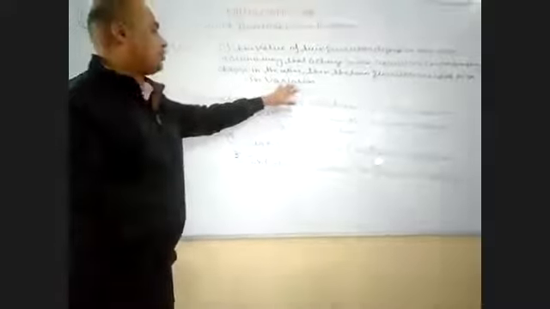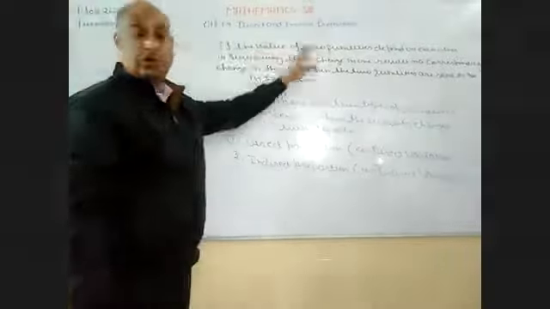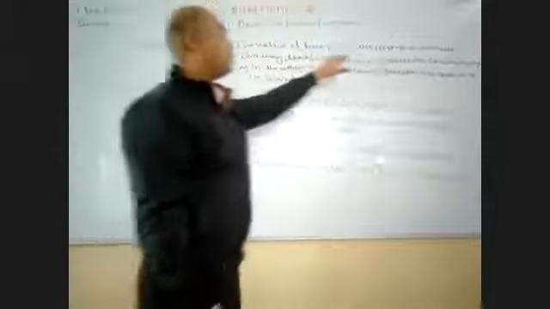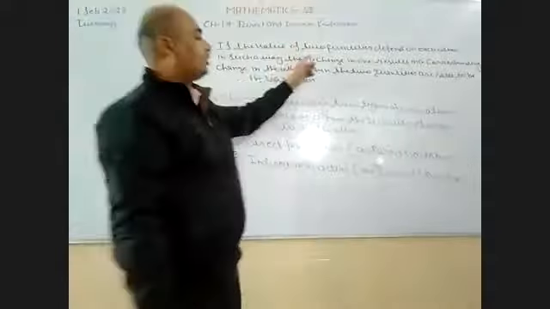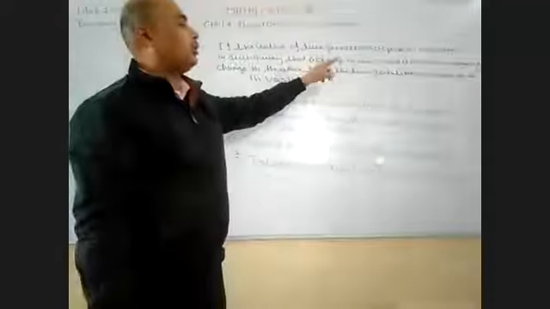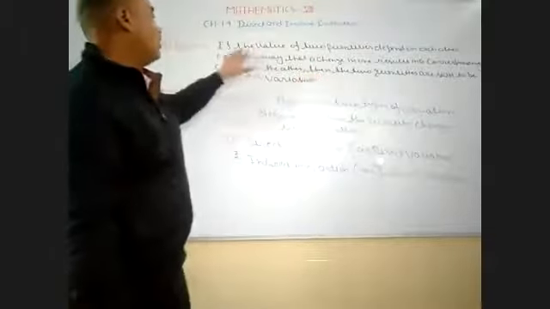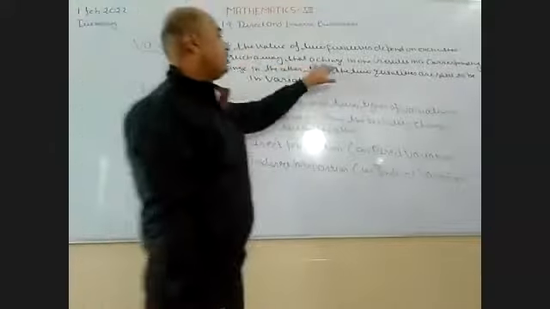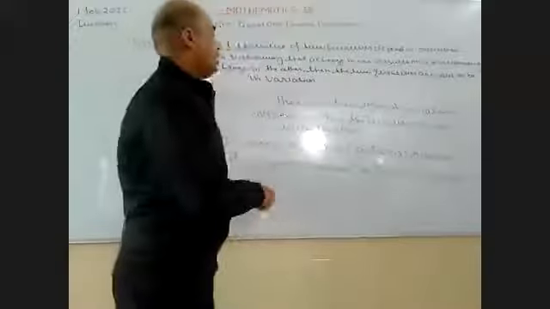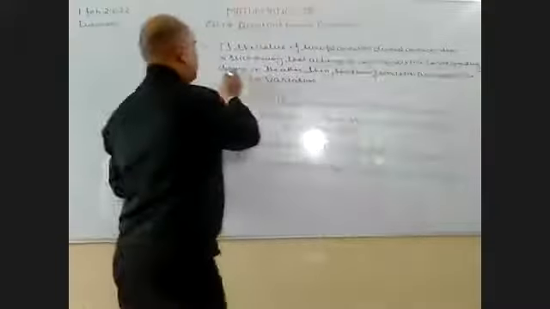Variation means proportion also. Variation and proportion have the same meaning. The values of two quantities depend upon each other in such a way that if one quantity changes, the other quantity also changes.